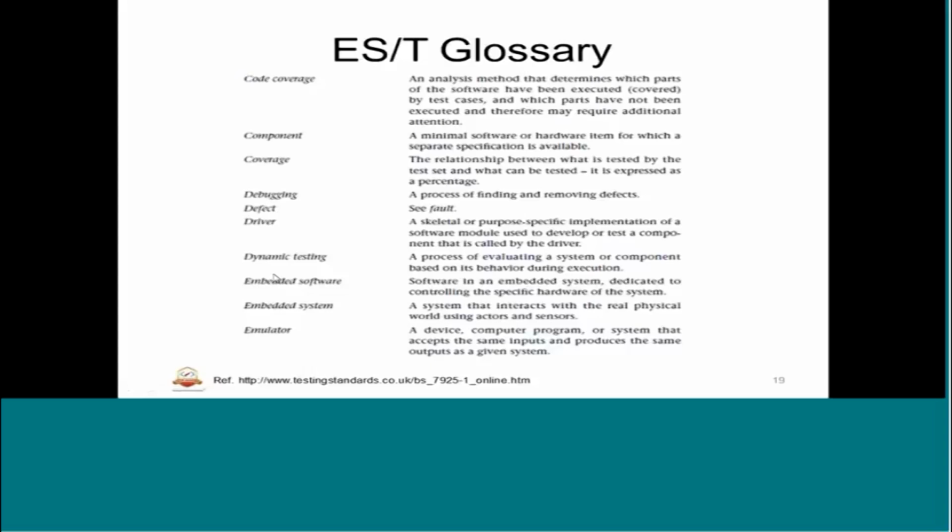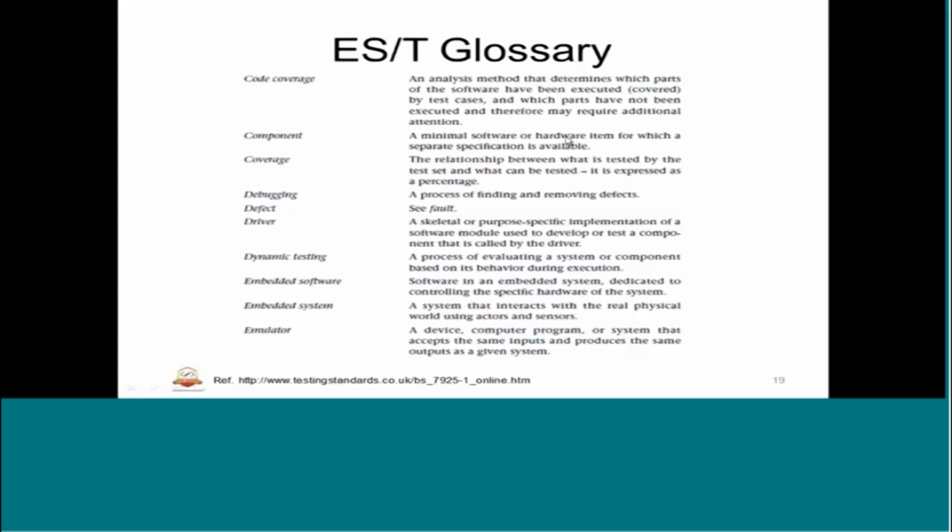And I guess we need to touch on some of the embedded system glossary. A few I have highlighted here in terms of code coverage. We know code coverage is how much code we have tested versus the complete code, which is nothing but the coverage, how much has been covered or executed.